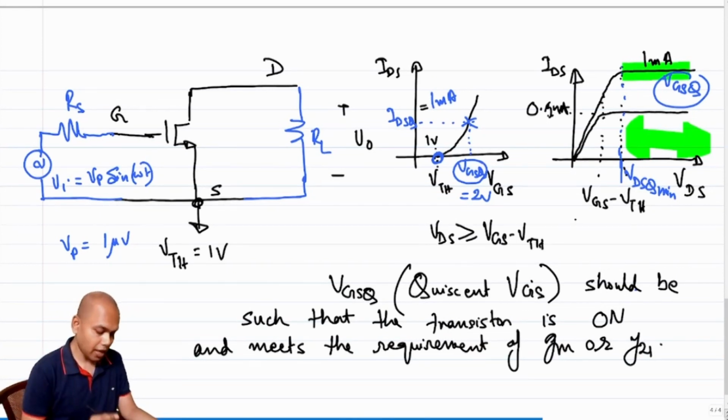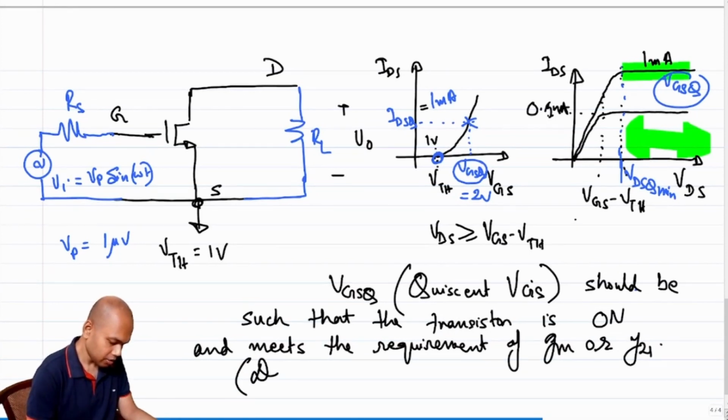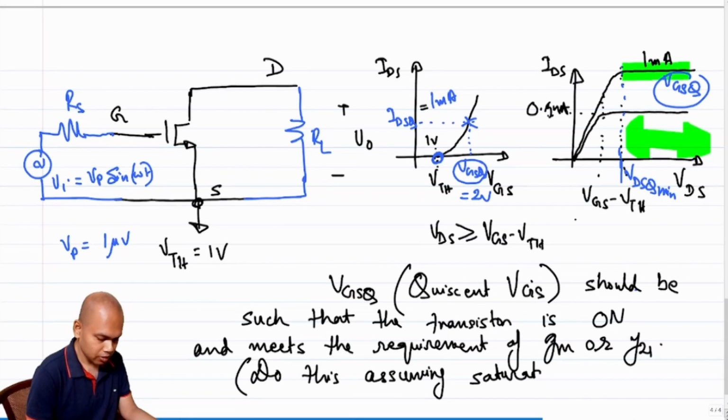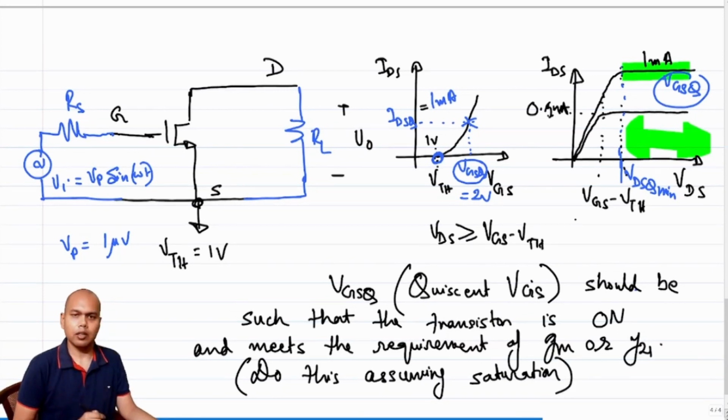We can do this exercise assuming saturation, right?